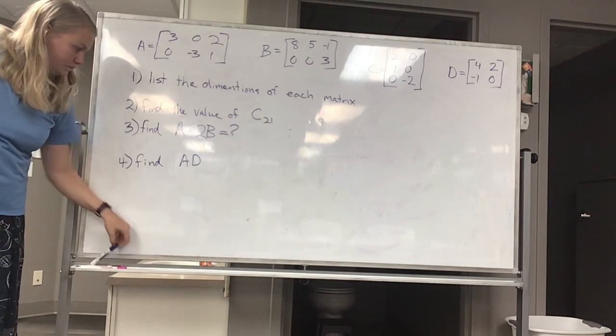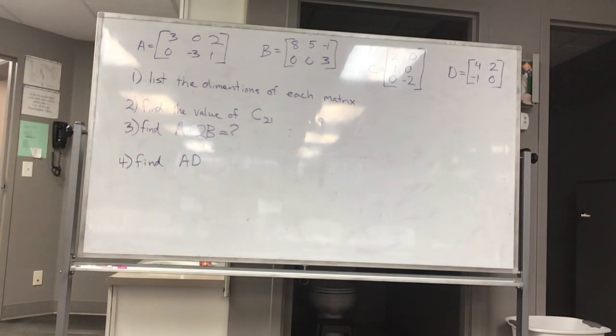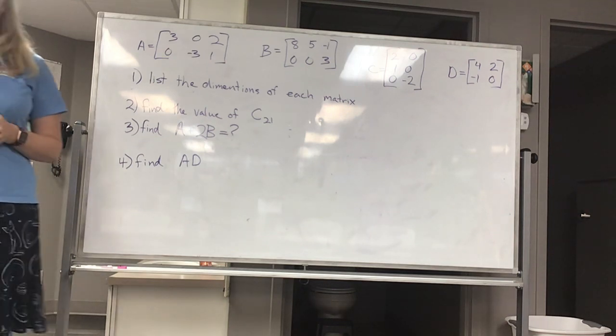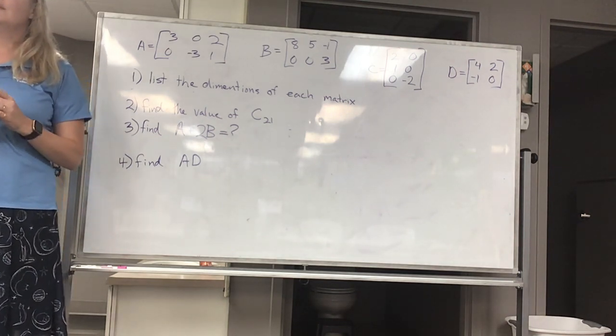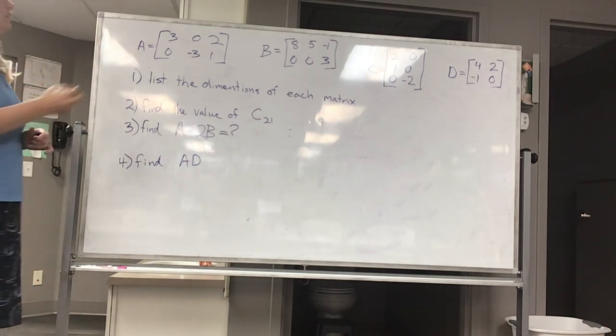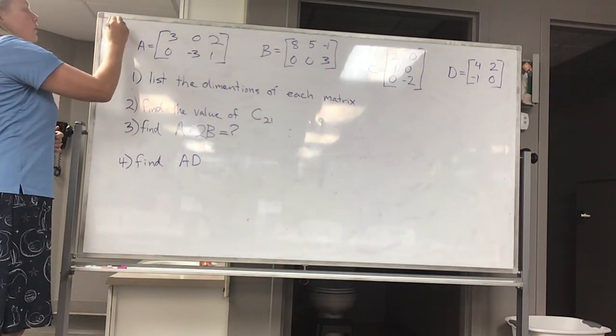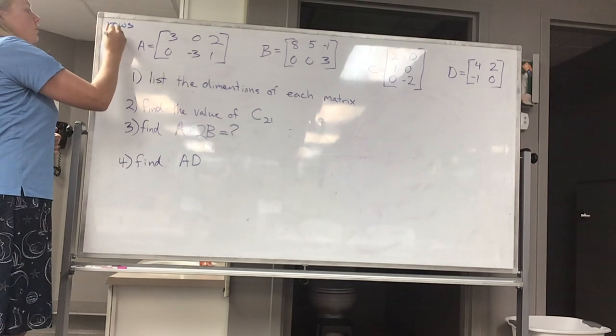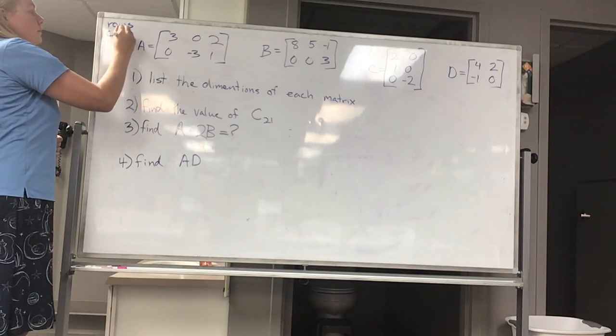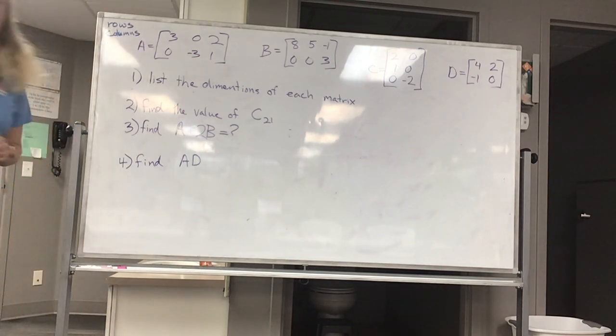So just like coordinates, we had our x side-to-side direction and then y up and down. You are going to do rows, then columns. And the more that you know which one comes first, the easier things get.